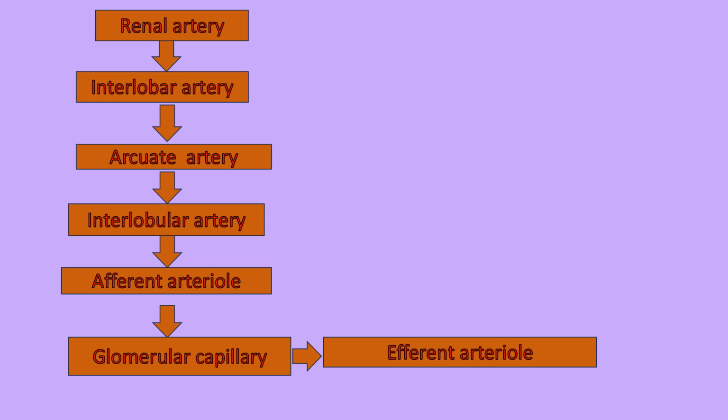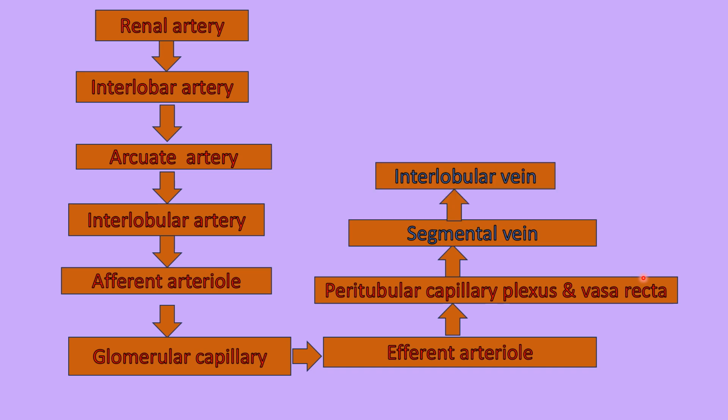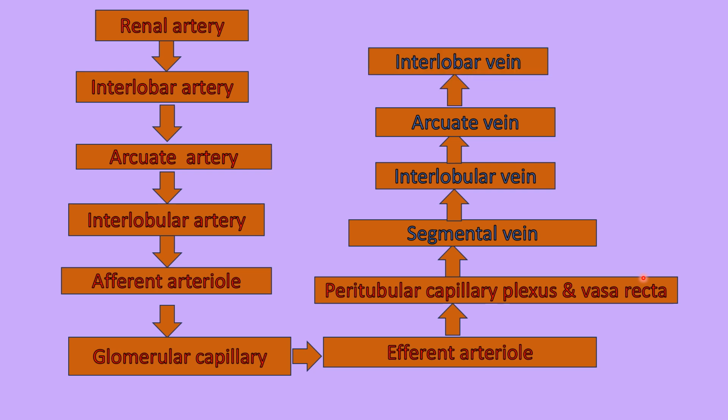The efferent arteriole in the cortical nephron forms the peritubular capillary networks. In the medullary nephron, it forms the vasa recta. Then it forms the segmental vein, interlobular vein, arcuate vein, interlobar vein, and renal vein. This is the flow chart of the renal circulation.